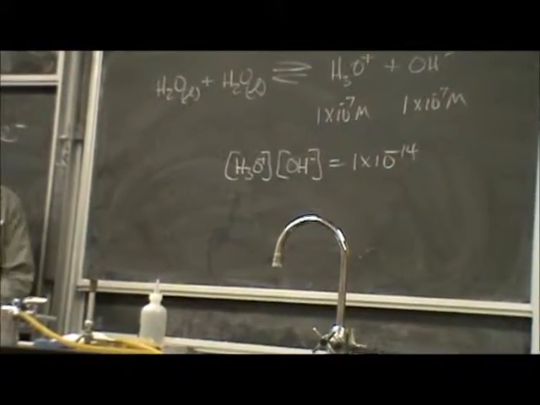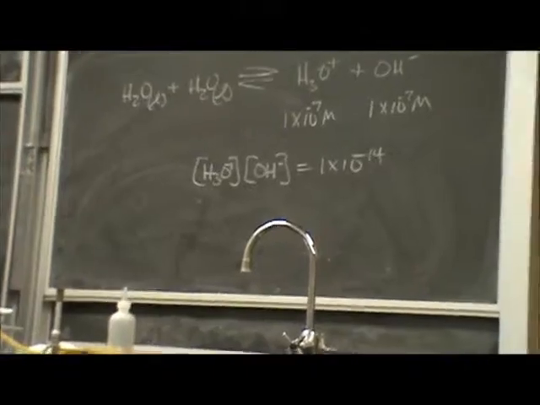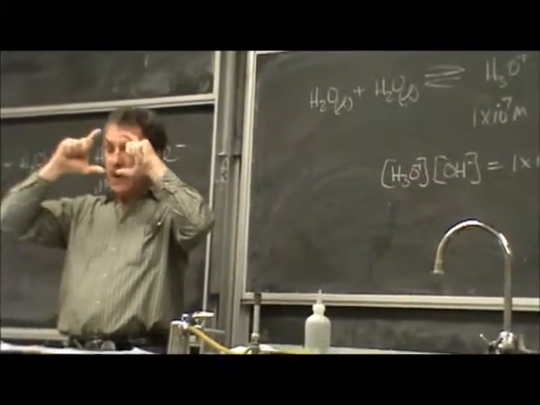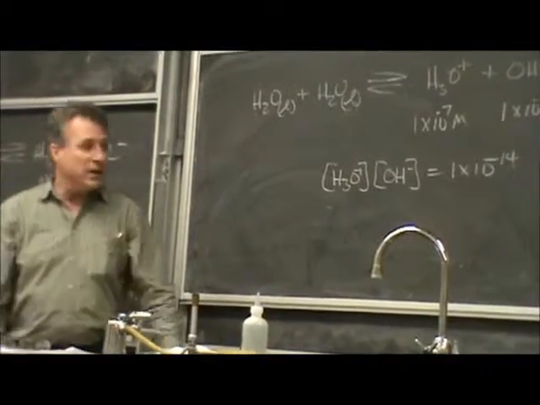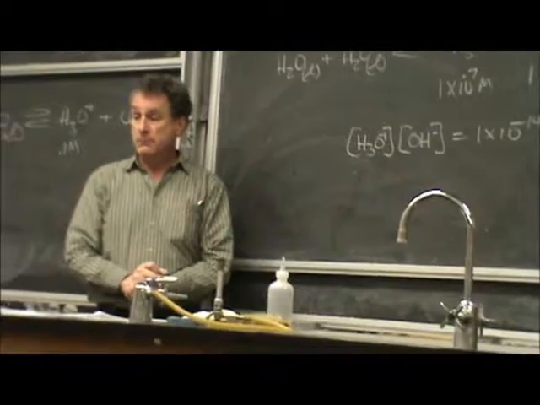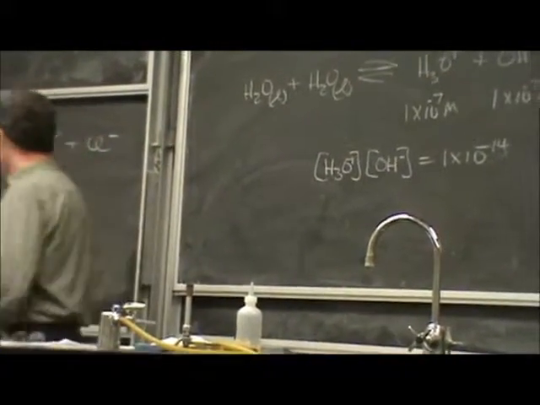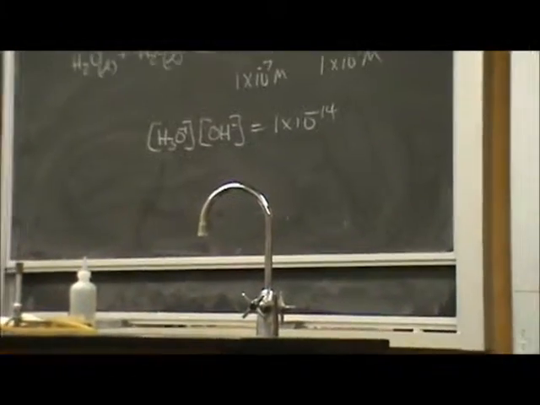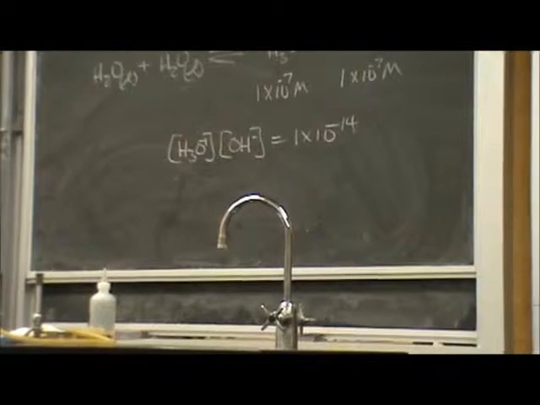Some new notation in chemistry, not in algebra, but in chemistry. Square brackets around something means the concentration of that something in moles per liter. So when I write this, what does that mean?